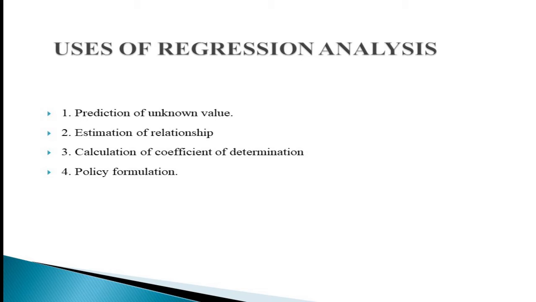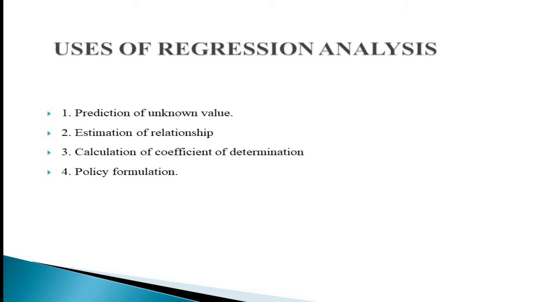Now they have made a list of uses of regression analysis. First of all, as I told, prediction of unknown value. In case one variable is given, the other variable value we can definitely find based upon the relationship between those two variables.